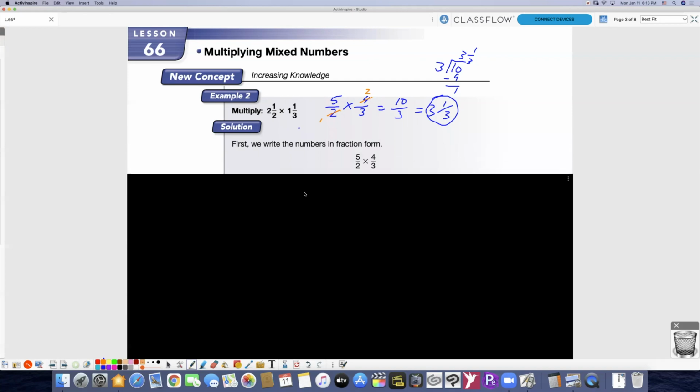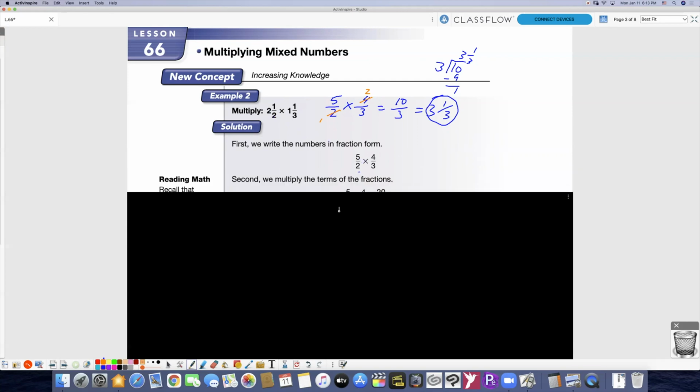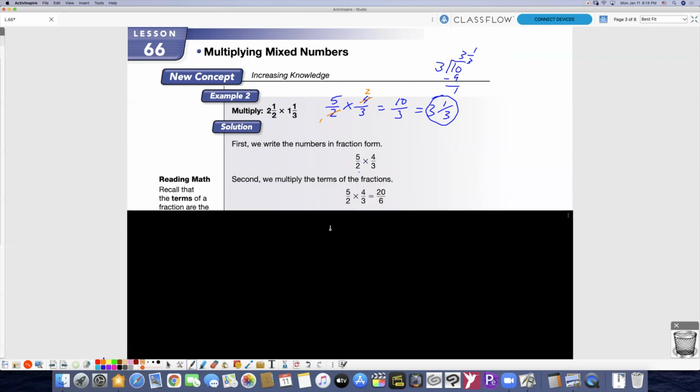So just remember, first you write the numbers in fraction form. So if it's in mixed number format, you have to use your skills from that lesson where you took the denominator times the whole number plus the numerator to get the new numerator and keep the same denominator that's already there. Then you multiply the terms of the fractions, your numerators times the numerators and the denominators times the denominators.